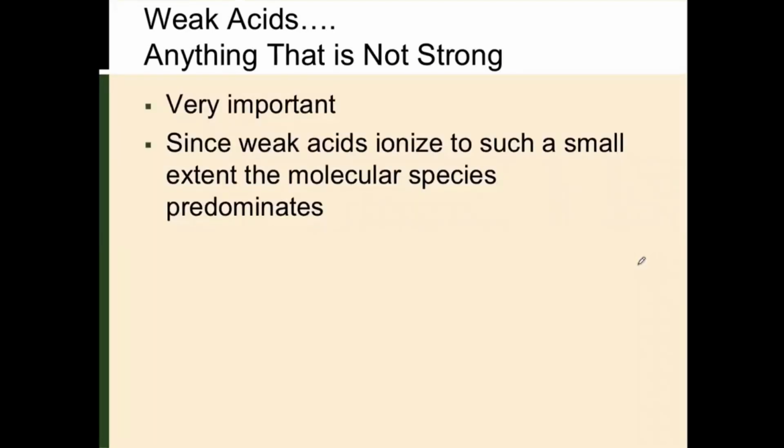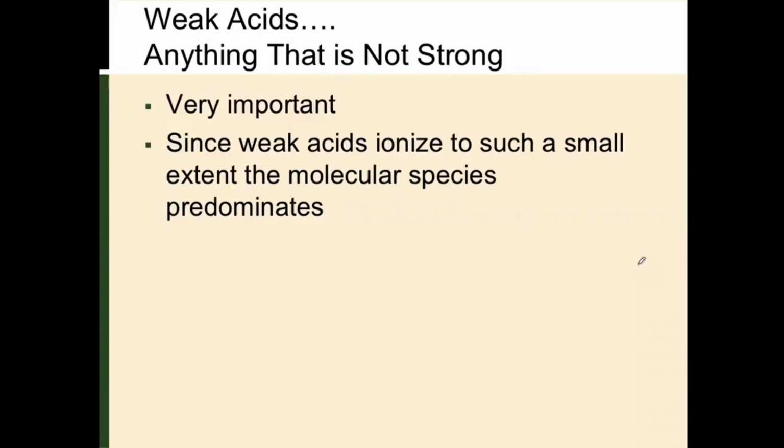So this is very important. Since weak acids ionize to such a small extent, the molecular species predominate. That means that whenever we have vinegar on our table that we use as a condiment for our food, that is a weak acid.